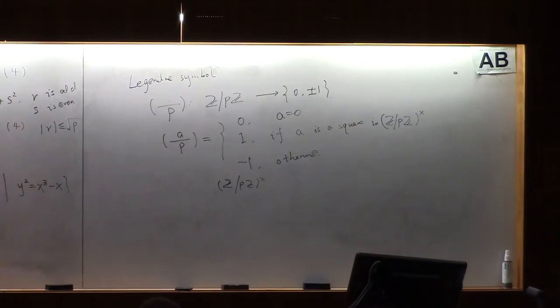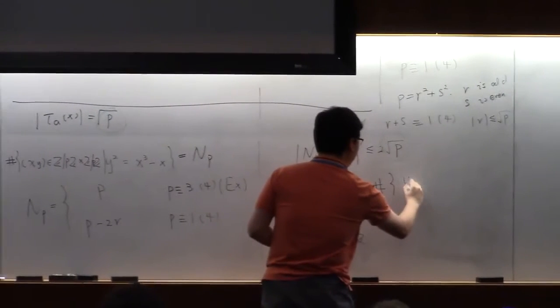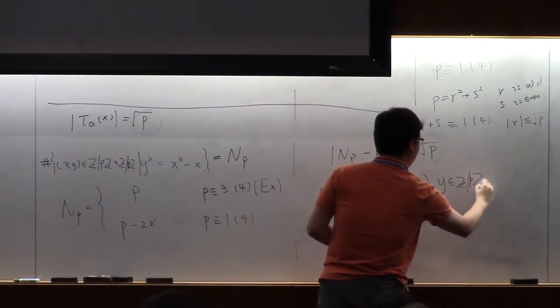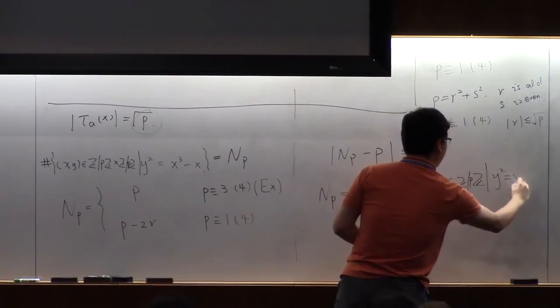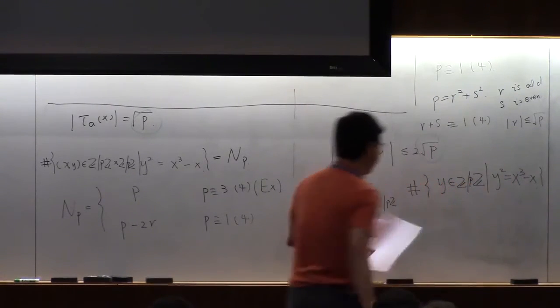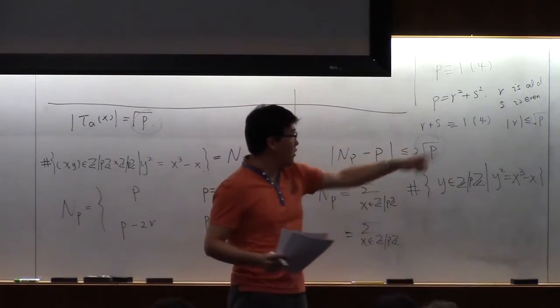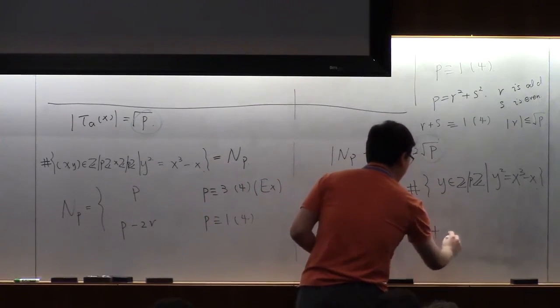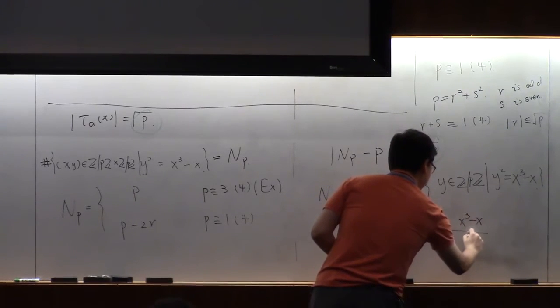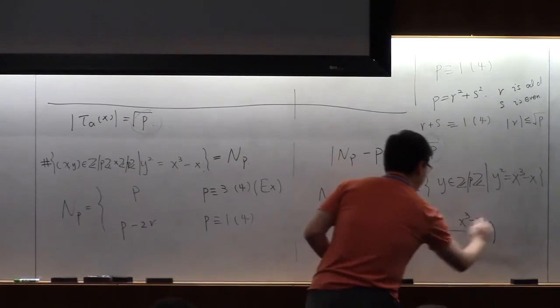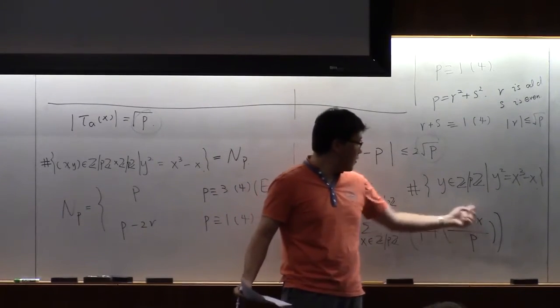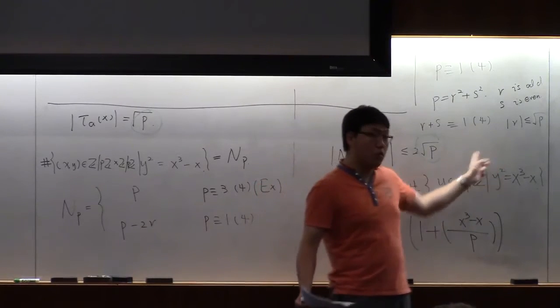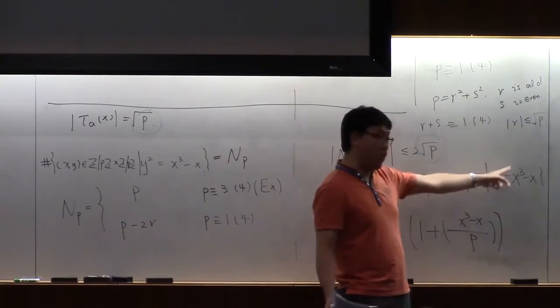Okay? Then, under this notation, we can write this number of solutions in terms of the Legendre symbol. It's 1 plus this Legendre symbol. Because if this is a perfect square, non-zero, then you have two solutions. If it is 0, you have only one solution.